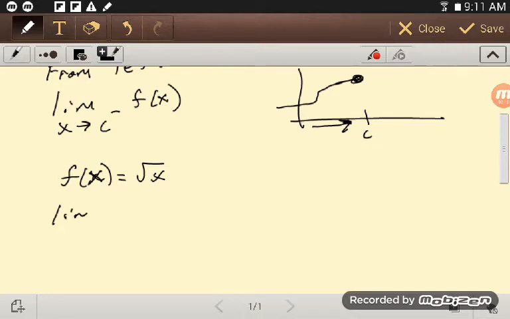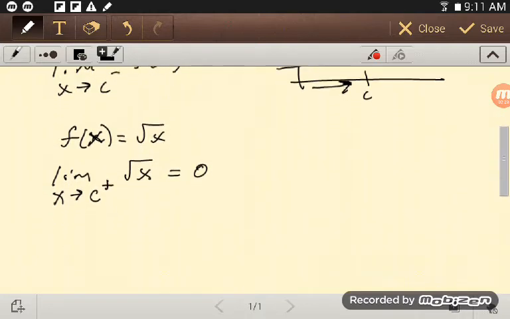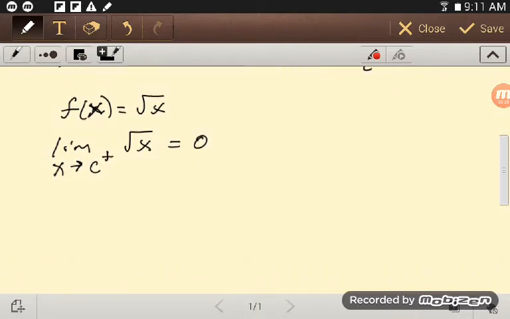And so we would have that as x goes to 0 from the right of the square root of x, that equals 0. But if we come in from the left, the limit as x goes to 0 from the left of the square root of x is undefined.